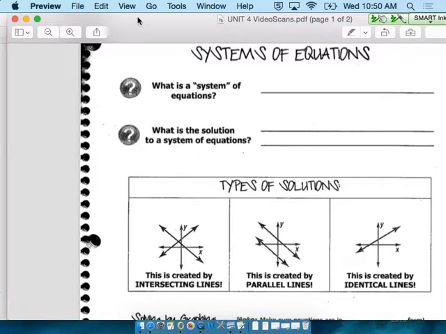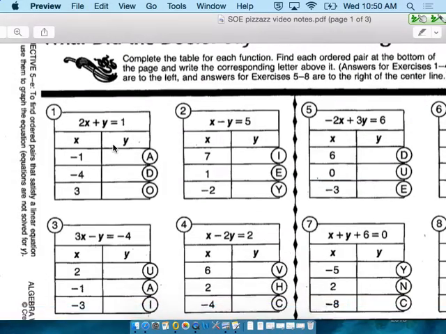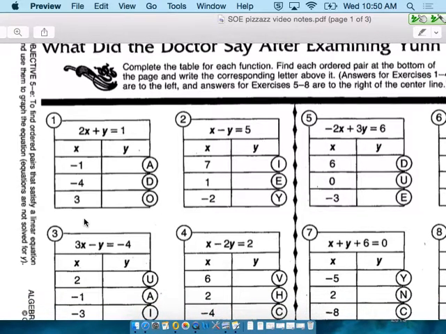Let's start with just determining XY solution points. So the first exercise I've given you are little tables. And you can see that each thing that's written in the table, they're all lines. And it doesn't matter what form they're given in, but what I'm wanting you to see is the x and y partner, the x and y ordered pair that comes together.